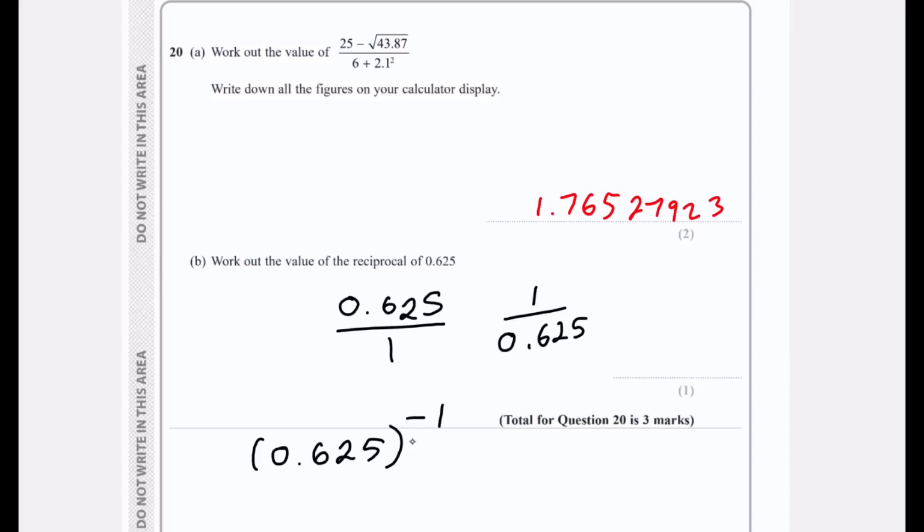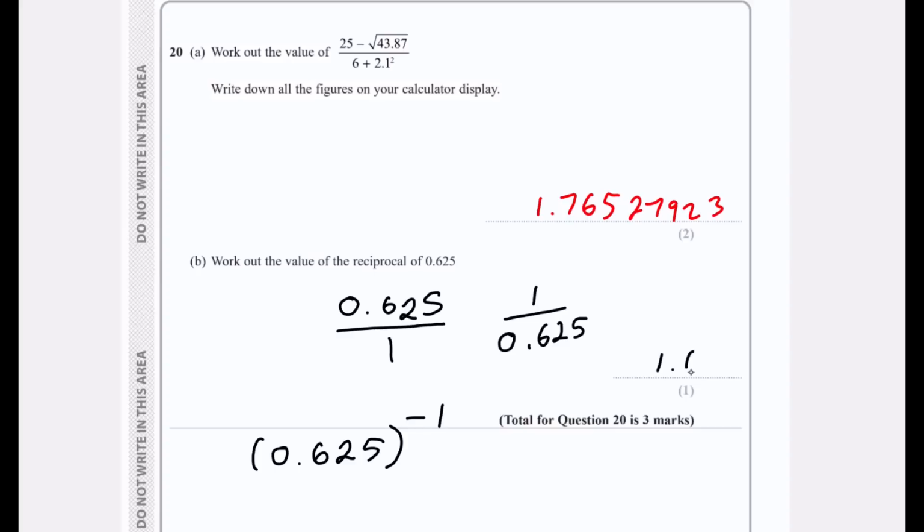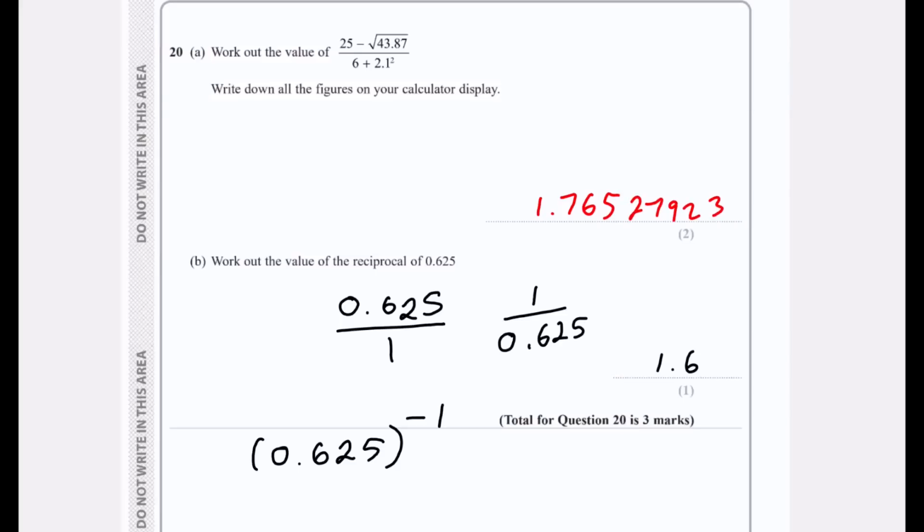The power of -1 is the same as a reciprocal. So if you do 0.625 to the power of -1, that is the reciprocal, which is 8/5 or 1.6. You'd get the same answer by doing 1 over 0.625. Either way, 1.6.